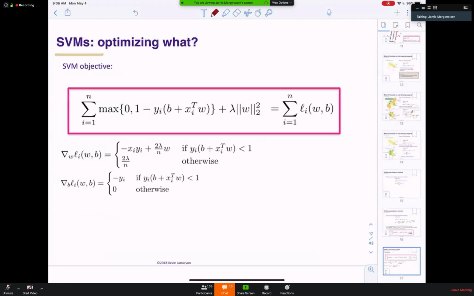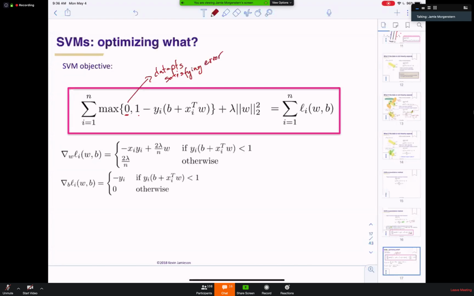So let's talk a little bit more formally about exactly what SVMs are optimizing. What they're actually optimizing is this kind of strange thing, where for the data points which are satisfying the margin, we get 0 error, we get 0 loss.